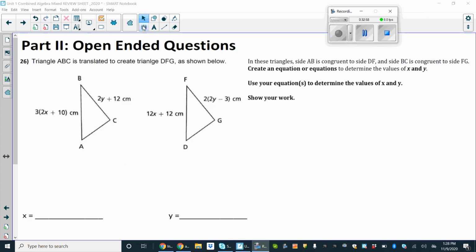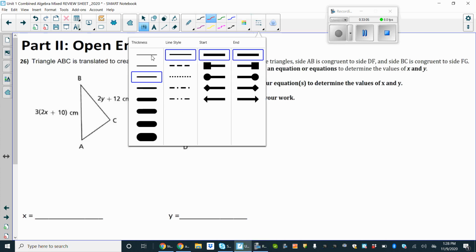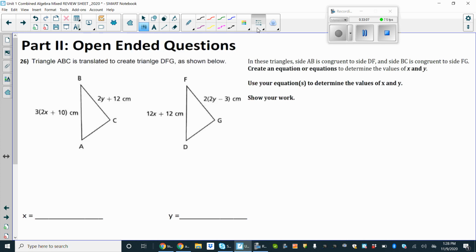So for our next question, we have our first open-ended. So these questions you will have to show all work and then circle your final answer. The question says, triangle ABC is translated to create triangle DFG. When you translate a figure, it's just shifting from left to right. In these triangles, side AB is congruent to side DF.